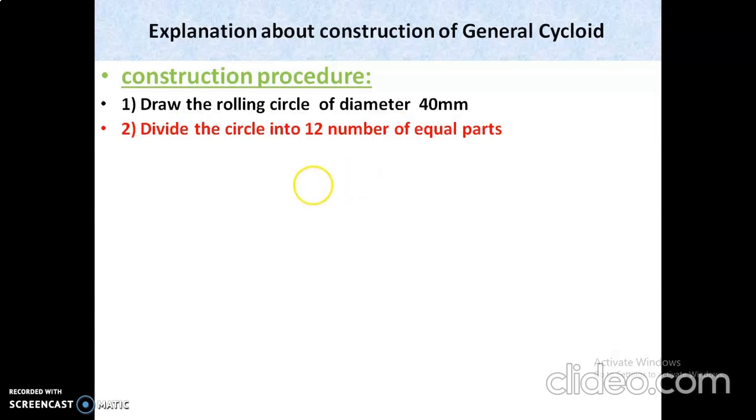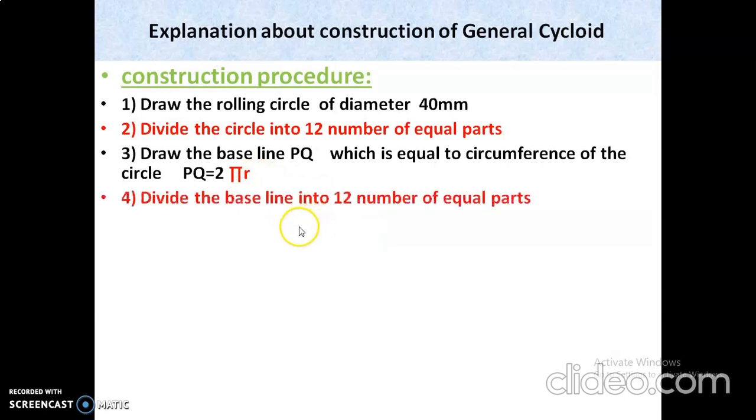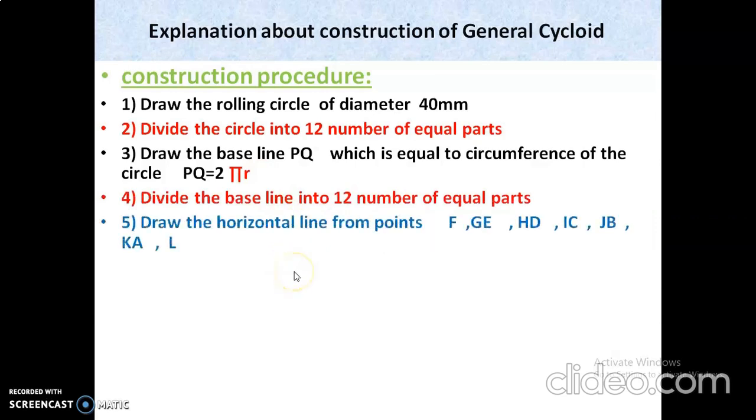Third point, draw the baseline PQ which is equal to the circumference of the circle. Therefore PQ is equal to 2 pi r. Fourth point, divide the baseline into 12 equal parts. Fifth point, draw the horizontal lines from the points F, GE, HD, IC, JB and KAL.